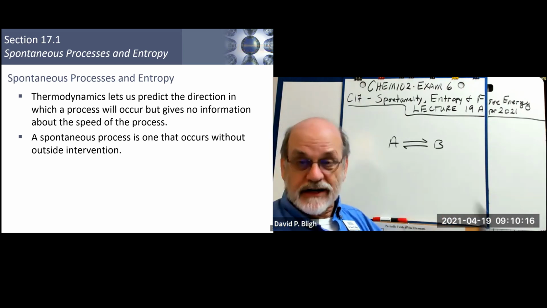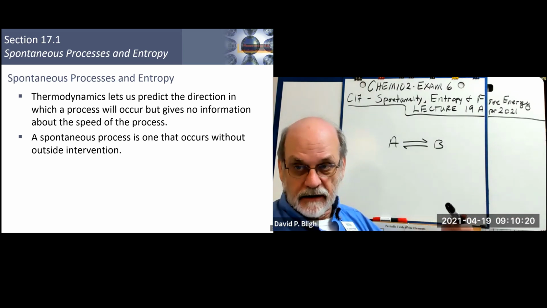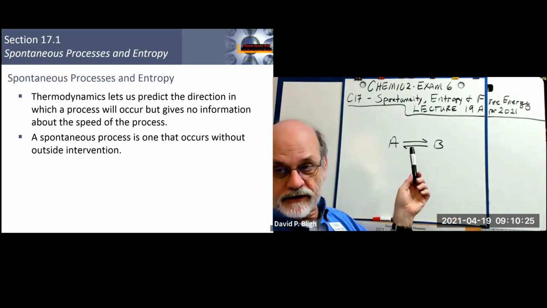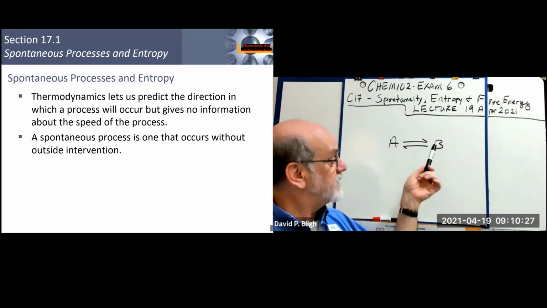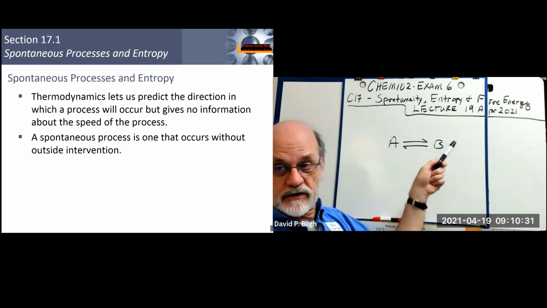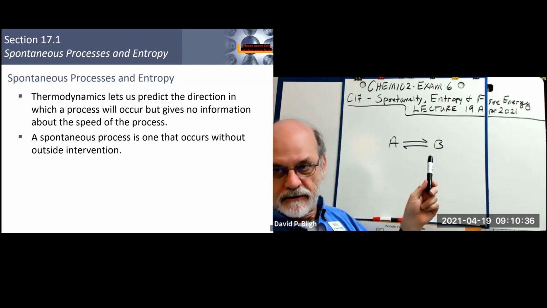or you can change the conditions that will also change the direction that a reaction goes spontaneously. If we change the temperature, for instance, depending on what type of reaction it is, it might reverse and go this direction spontaneously, then the other direction not spontaneously. Or you can couple it with another reaction.